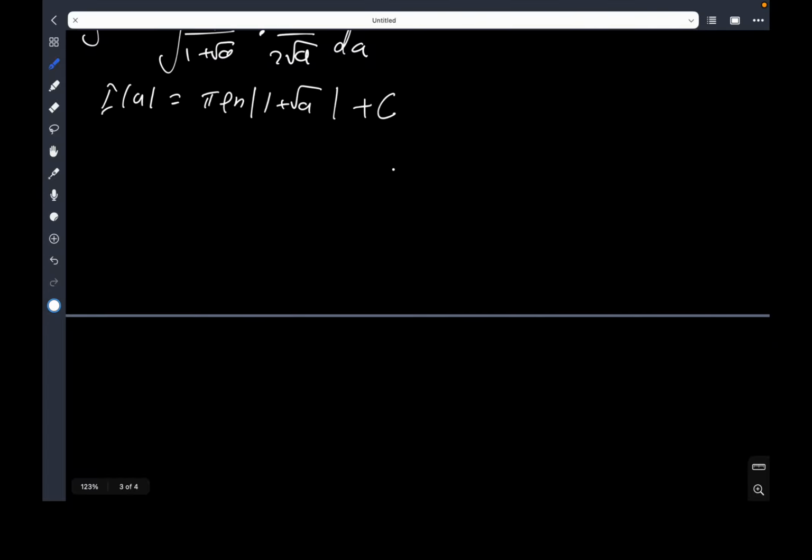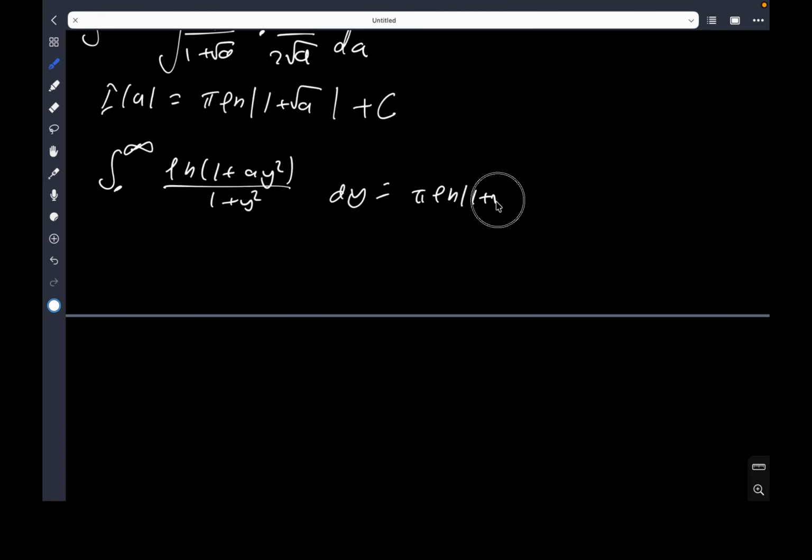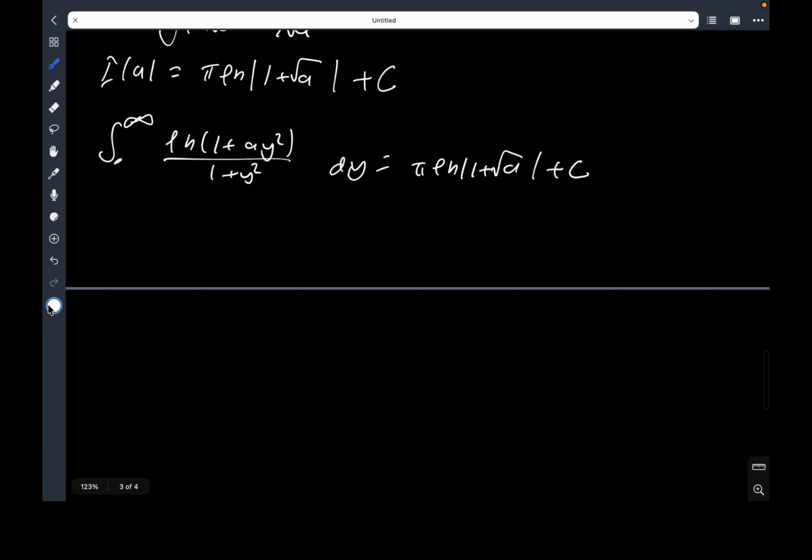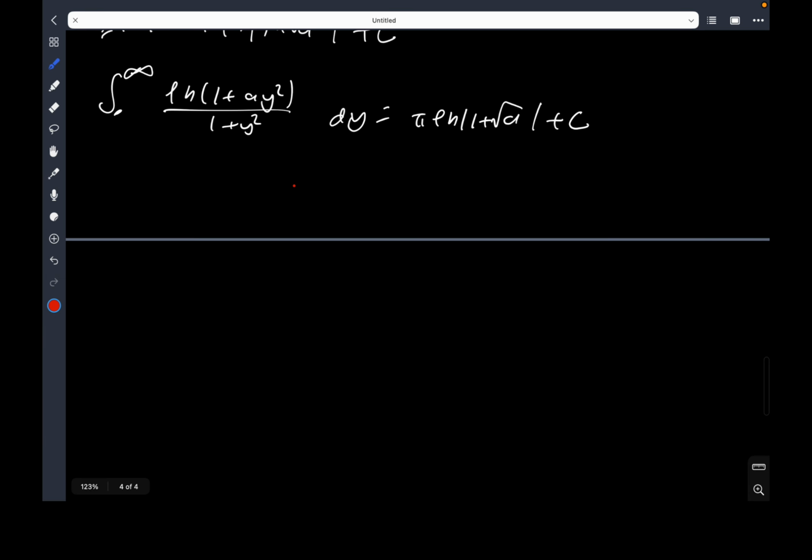In order to find c, I need to equate the integral from 0 to infinity of ln of (1 plus ay squared) over (1 plus y squared) dy to pi ln of (1 plus root a) plus c. And if a goes down to 0, I'm going to take the limit as a approaches 0 of both sides.